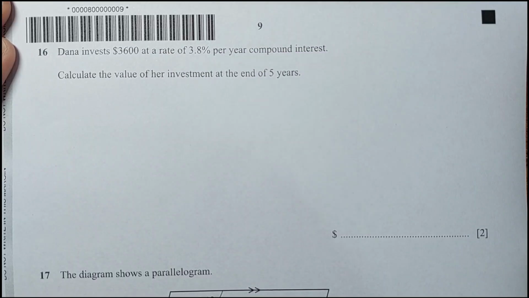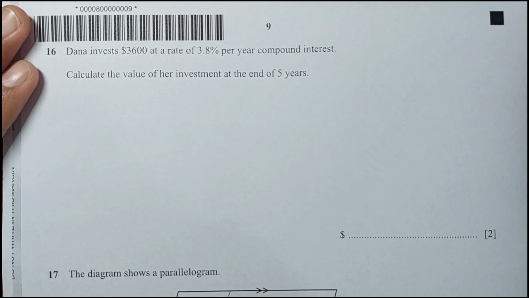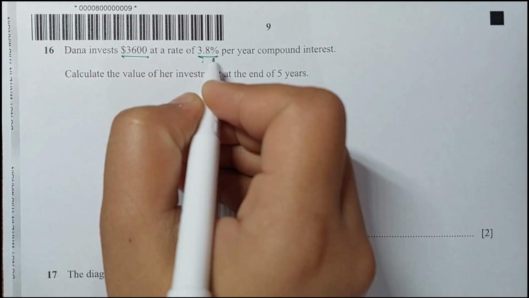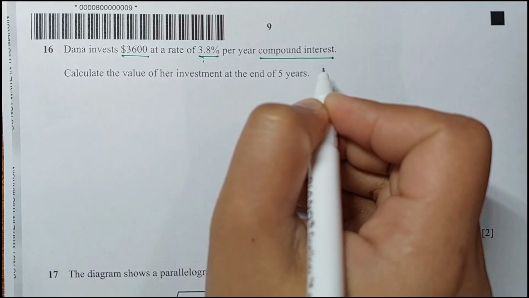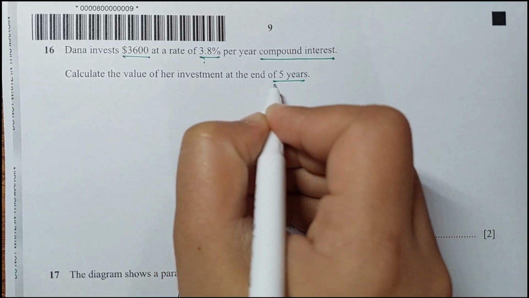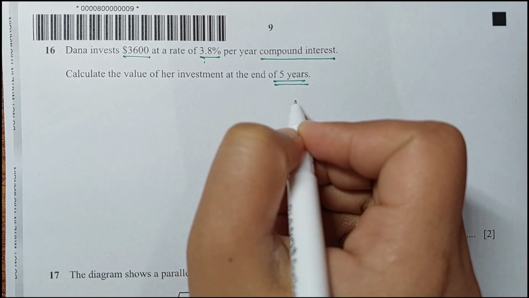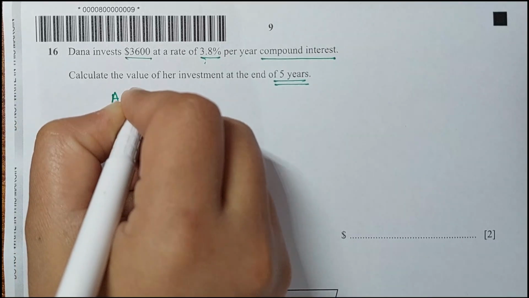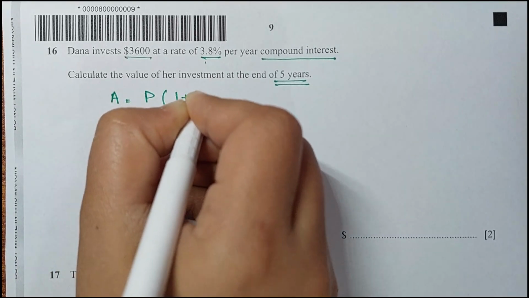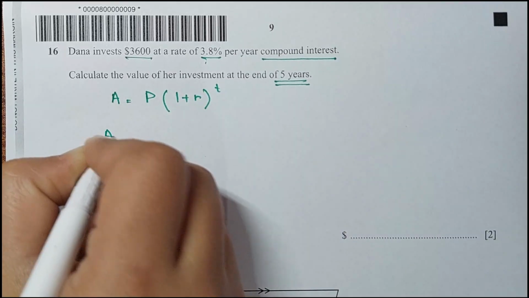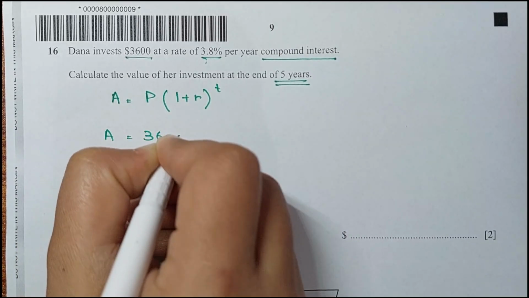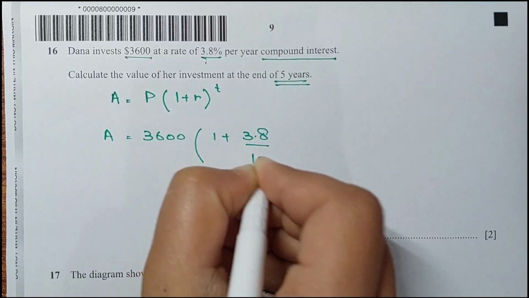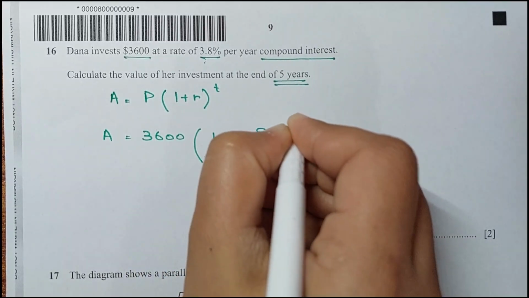Question number 16. Dana invests $3,600 at a rate of 3.8% per year compound interest. Calculate the value of the investment at the end of 5 years. So the value of the investment is the amount we have to calculate, P times (1 plus R) to the power T. The amount invested is 3,600 times 1 plus the interest rate of 3.8%, and the time is 5 years.